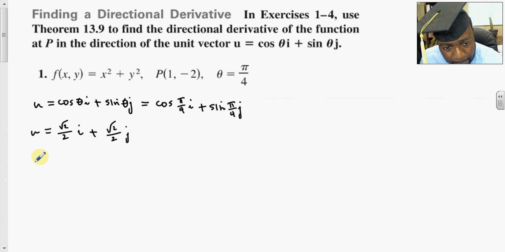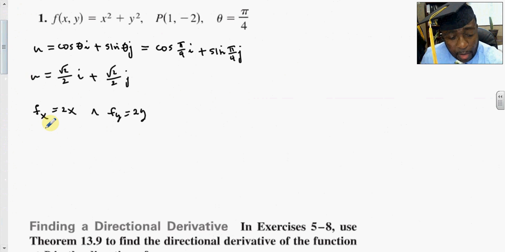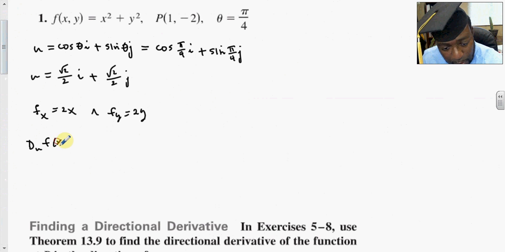and that gives us the partial derivative of f with respect to x is 2x, and the partial derivative of f with respect to y is 2y. Now we are able to calculate the directional derivative of f in the direction of u here first at x comma y.